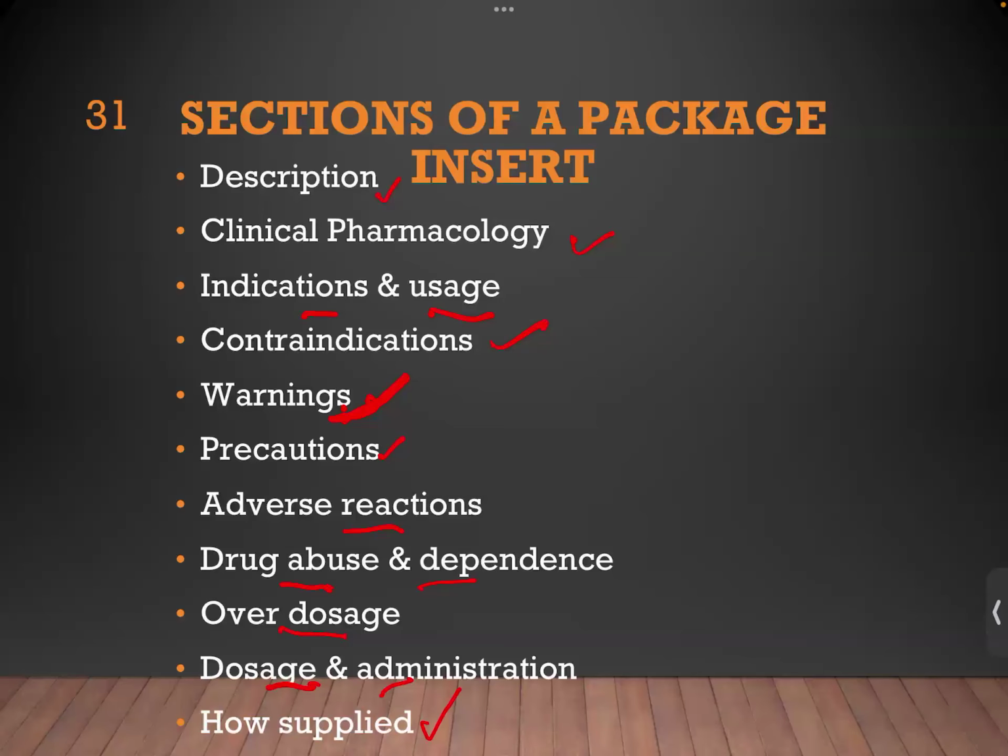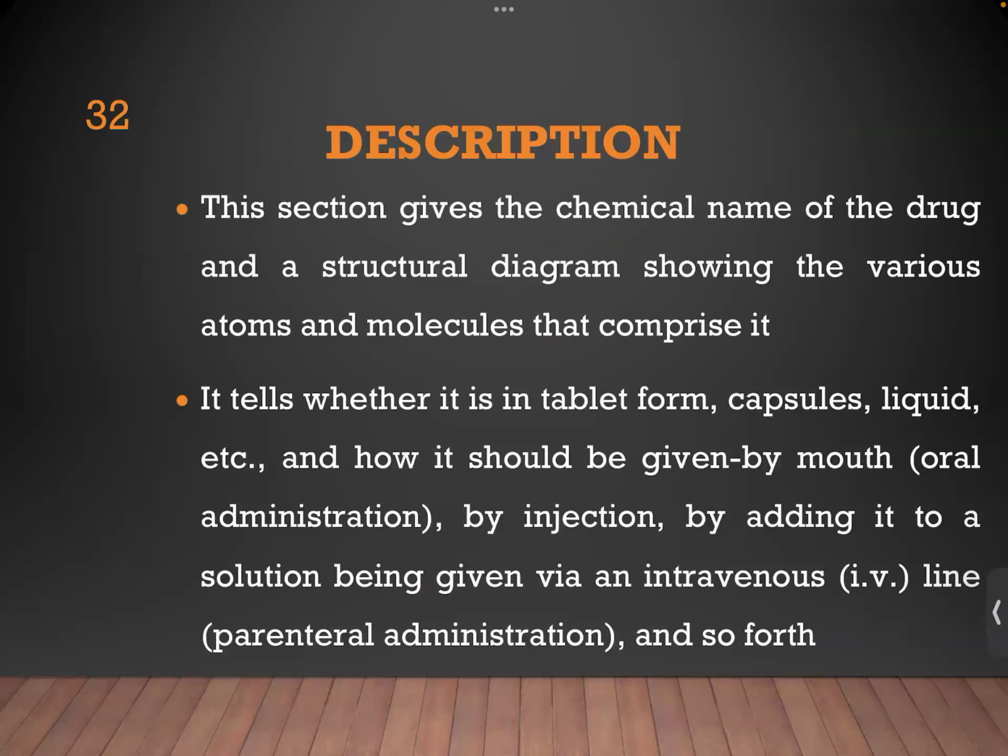So the description gives you all the chemical details. Sometimes you will see the chemical structure is also given in the package insert. It will tell if it is a tablet, capsule, liquid, how it should be given, like oral, injection, or IV. The package insert is also for medical professionals.